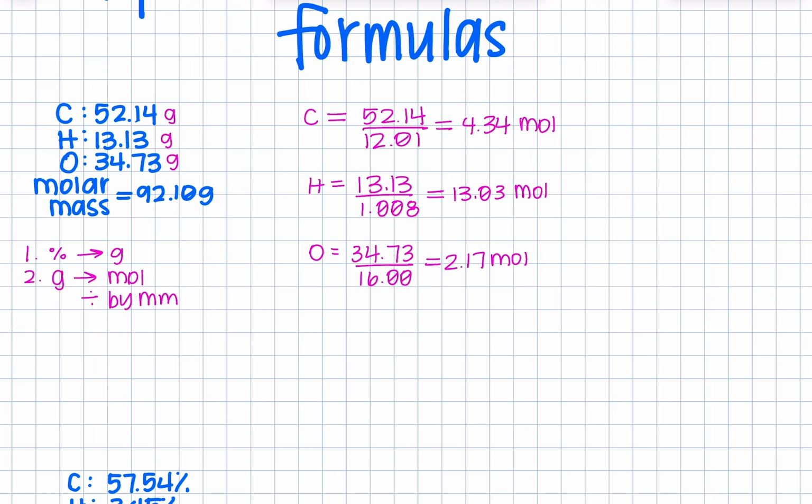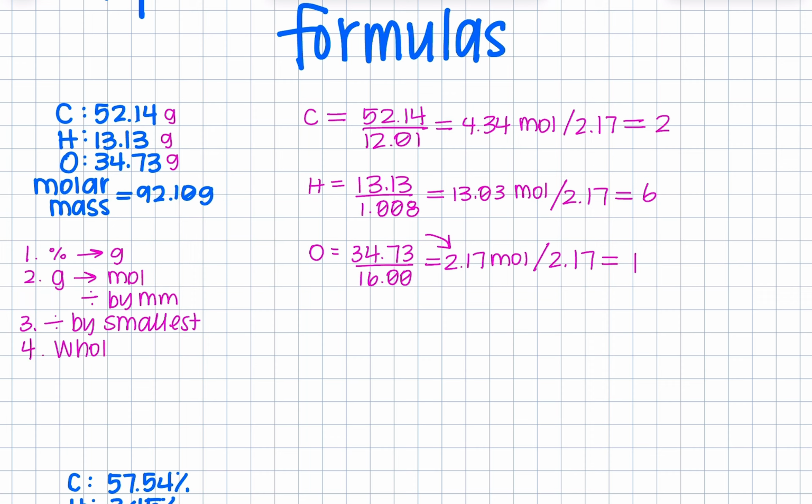Now, we are going to find the smallest of those 3 numbers, which in this case is my 2.17, and we are going to divide all 3 numbers by that. So divided by 2.17, divided by 2.17, divided by 2.17. And I get 2, 6, and 1.